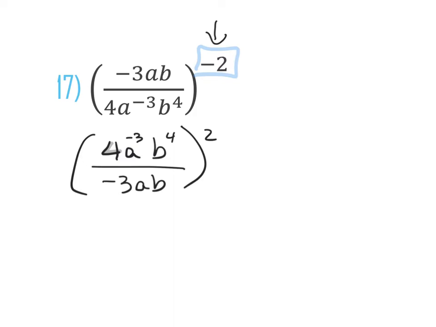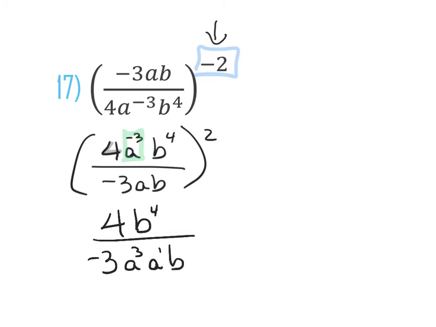Now what I can do is if you want to move things, you can. So I could move this a to the -3 to the denominator and get 4 and b to the 4th, negative 3, and then put a to the 3rd, a to the 1st, and b, still raised to the 2nd power.